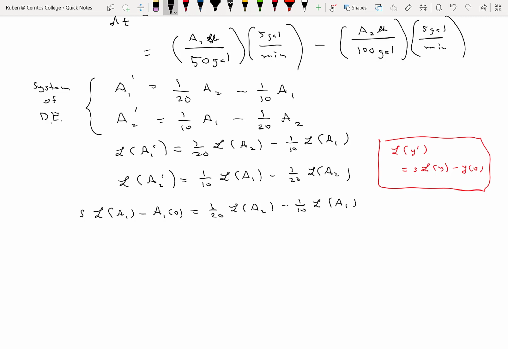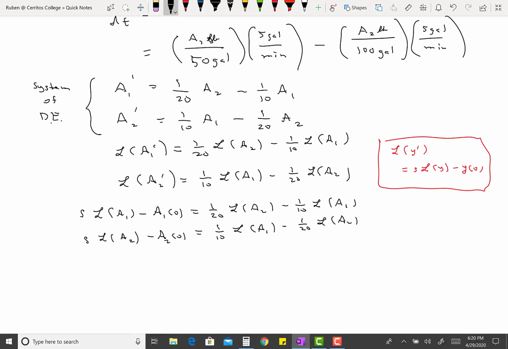Now to the second differential equation, Laplace transform of A2 prime should be s times the Laplace transform of A2 minus A2 of 0, and that equals the other side, 1/10 Laplace transform of A1 minus 1/20th times the Laplace transform of A2.